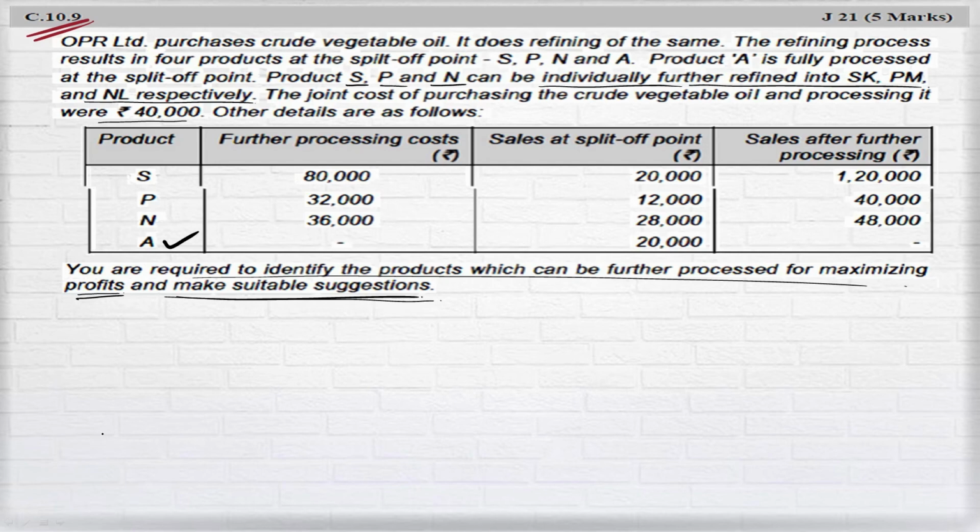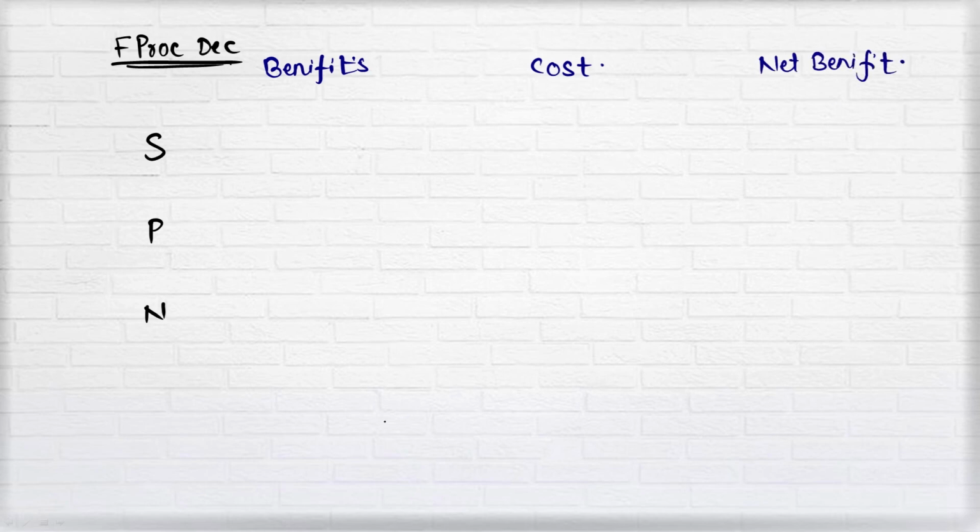Which product can be further processed? S, P and N. What are the benefits if I further process? What is the cost if I further process? What will be the net benefit if I further process?